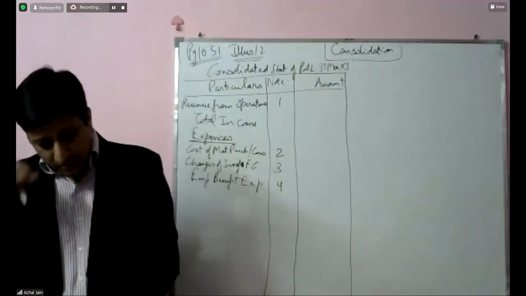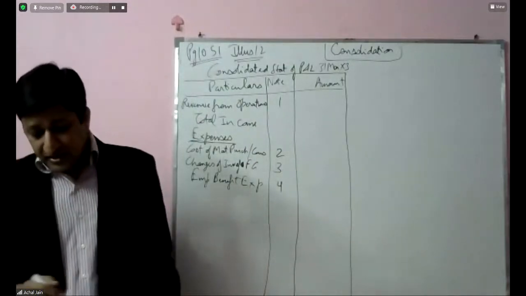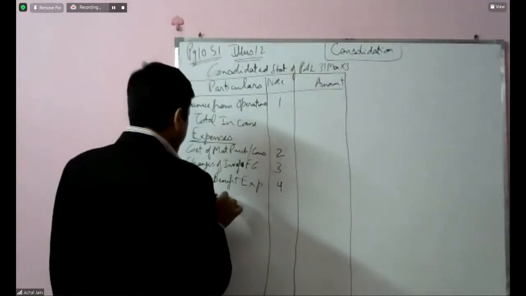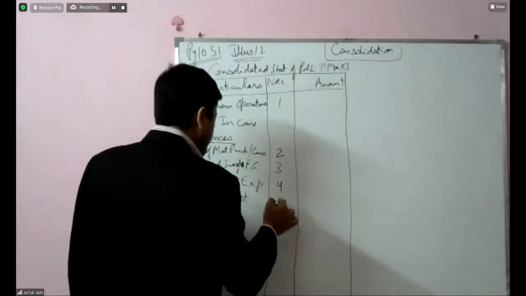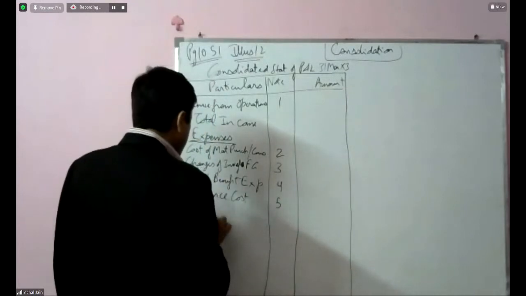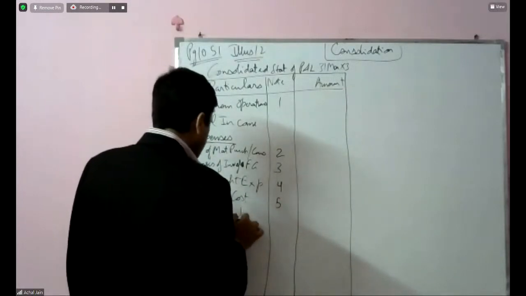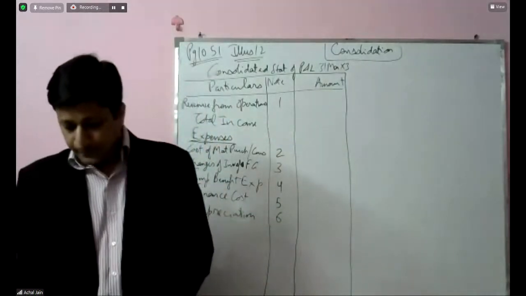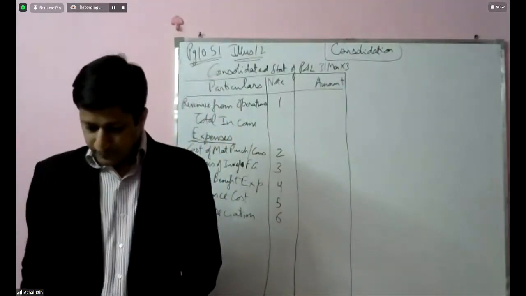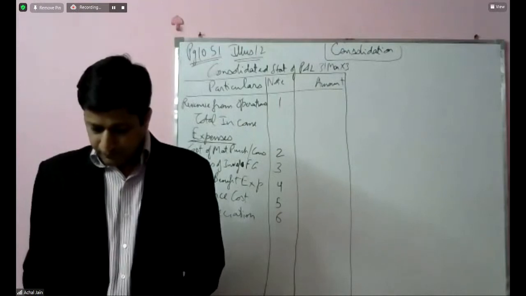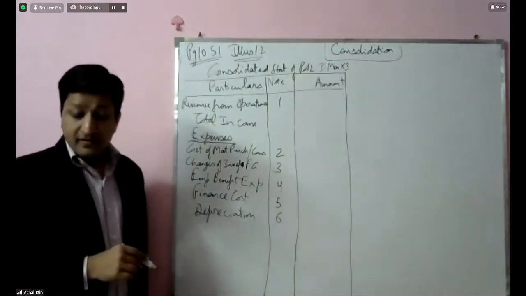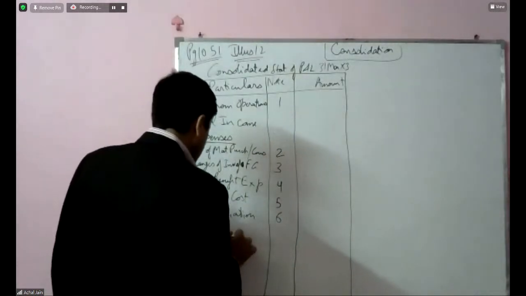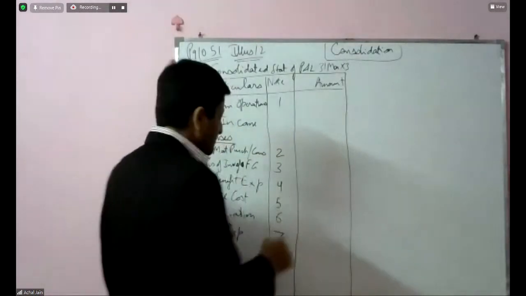Then the question also talks about depreciation, 6. Then we have other expenses, Number 7.